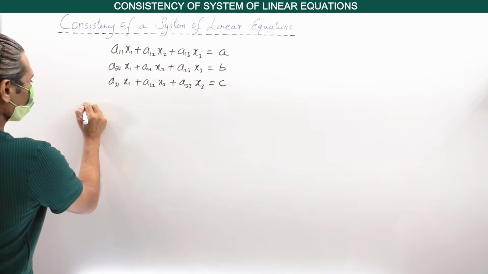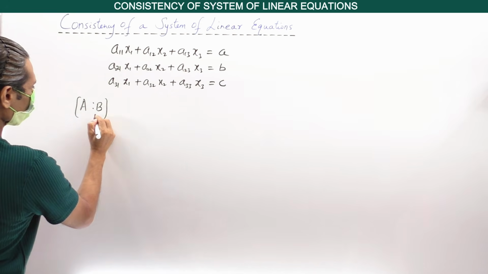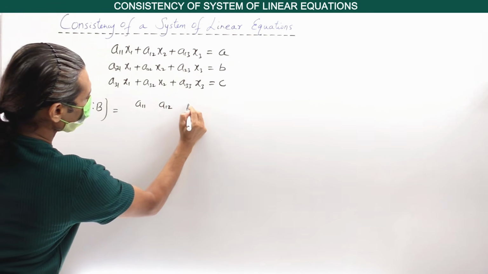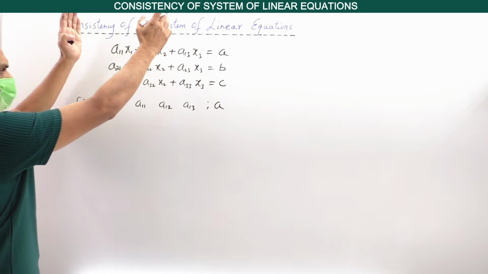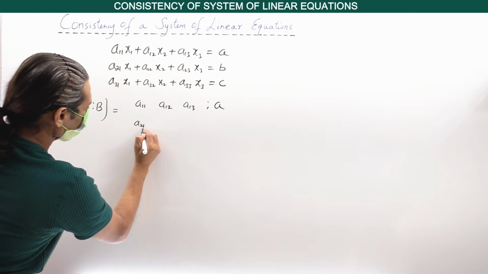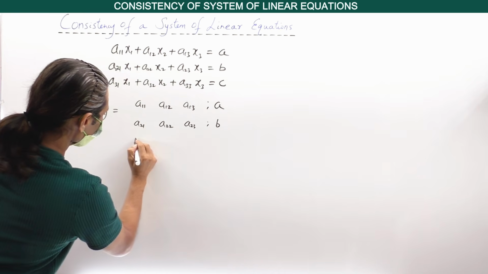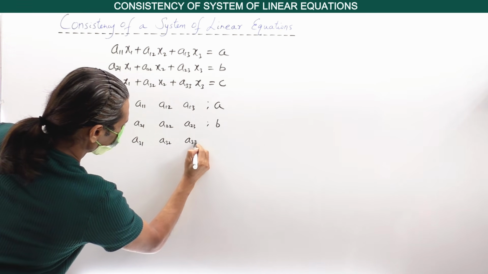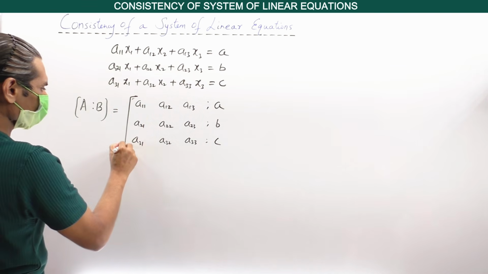It is A semicolon B equals: a11, a12, a13 semicolon a, then a21, a22, a23 b, and lastly a31, a32, a33 c. So we have this matrix here.